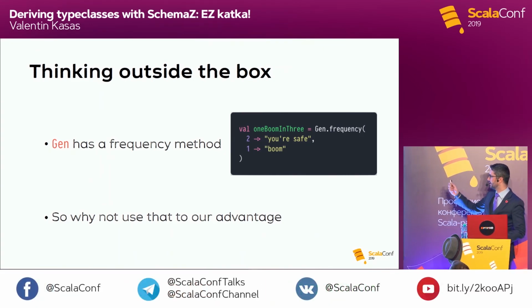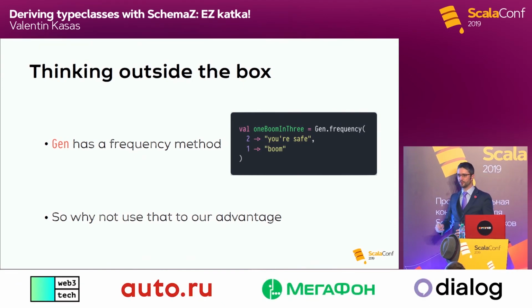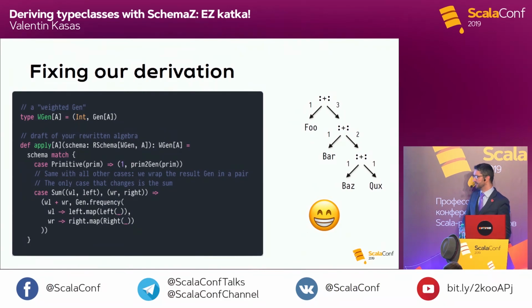But there is a way to get away with that. ScalaCheck has this frequency method where we can give weights to the different choices. And so we should be able to have a gen that will be fair and produce 0.25 probability for each case. It's in fact pretty simple.